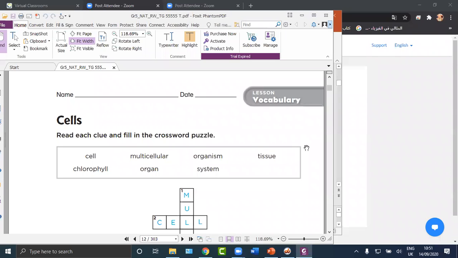3. Can I answer? Number 3. Don't make noise. I will choose the students. Only raise your hand. Ahmed Nada. Number 3. Ahmed Nada.